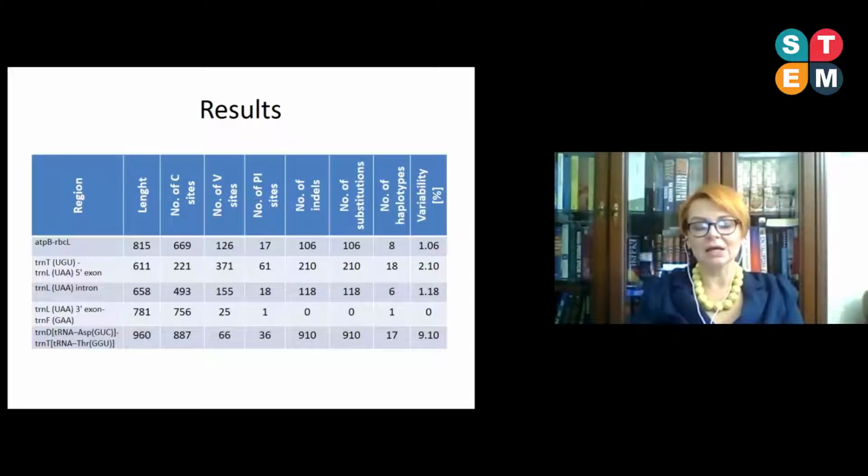TRNLF and DT regions showed hardly any variation, while their adjacent region TRNTL seems to be more informative, as noted by previous studies.